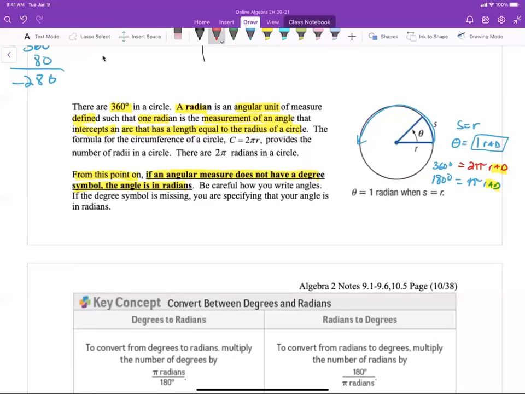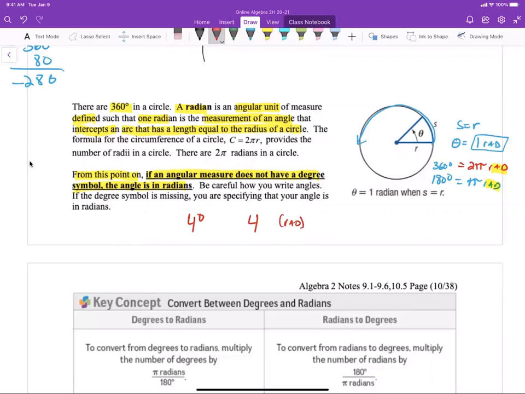So what do we mean by that? If we have 4 degrees, then we obviously know that the measure is in units of degrees. However, if they tell you the angle is 4 and you leave the degree symbol off, then we have to assume that is in units of radians. Radians is unitless, but if there is no degree symbol, then we have to assume it is in radians.